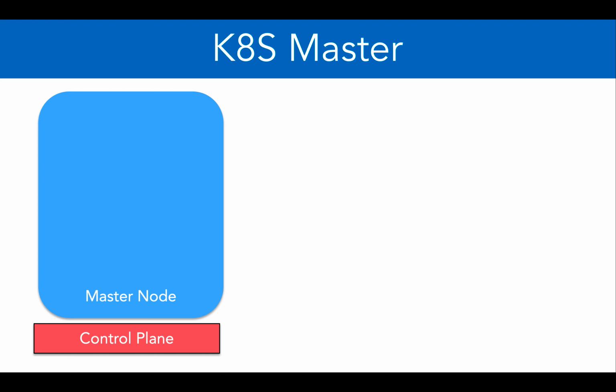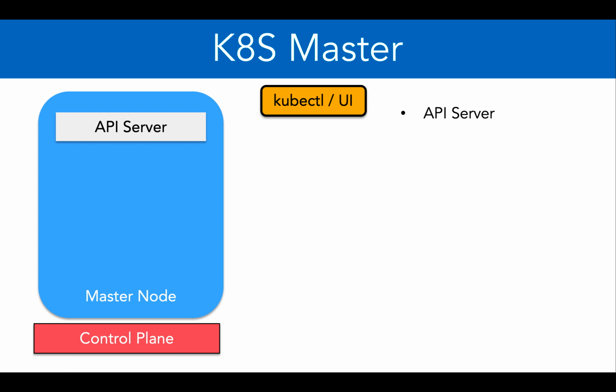So the three processes of master nodes are, first, the API server. So what is an API server? This is the endpoint which is provided to the users like us. Remember kubectl or the UI which I was discussing in the previous slide? So the kubectl or UI actually talks only to the API server, nothing else.